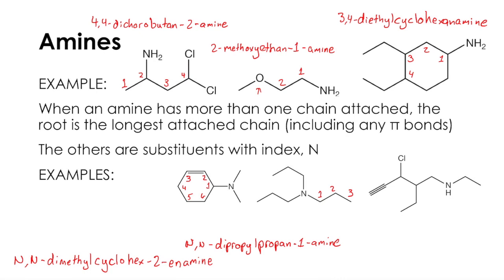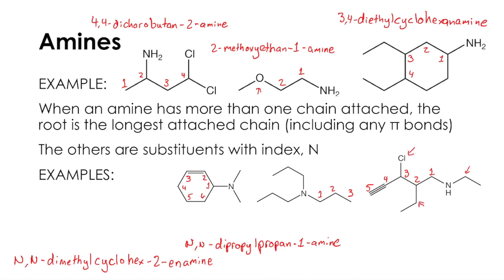Now for this last example, which is the most complicated, the longest chain is the one coming off this side. And in this case, we have to make sure it includes the triple bond, so it's going to go that way. Okay? And so now we have 3 substituents. We have 2 ethyls, one attached at the nitrogen here, one here, and we have the chlorine.